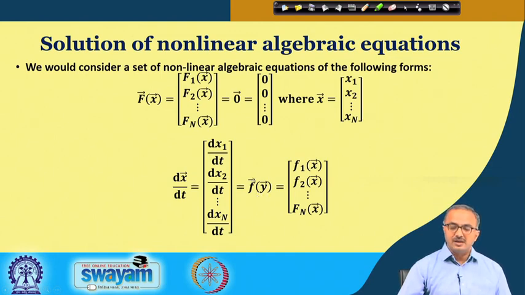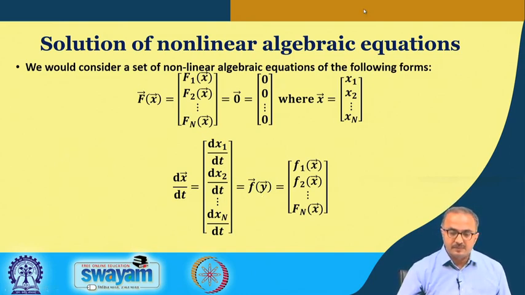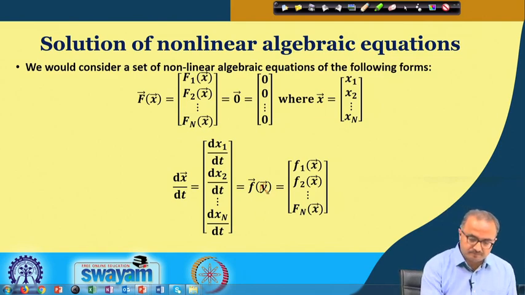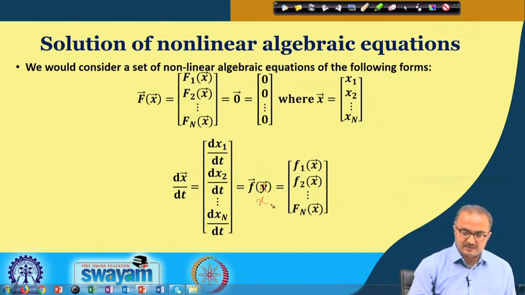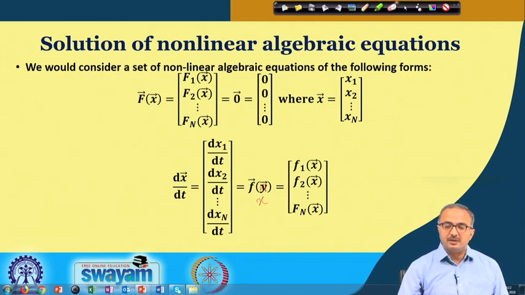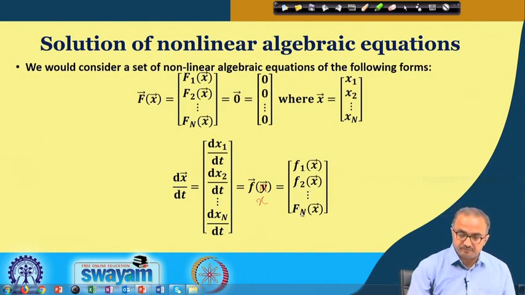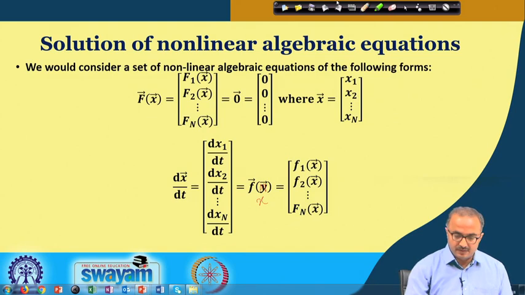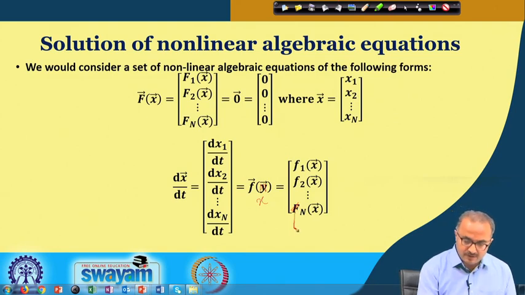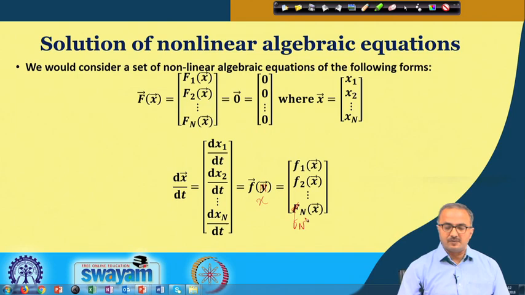It is not always 0, it will be a function of x, again having various components like f1(x), f2(x), like that to fn(x).